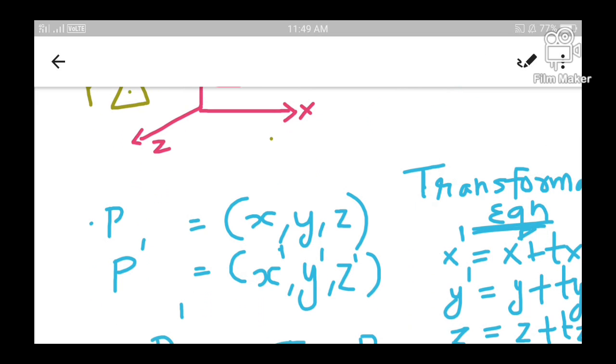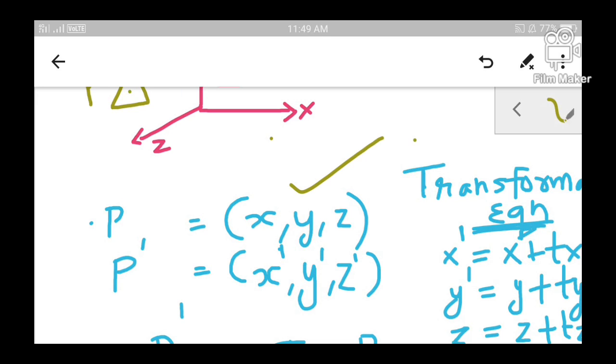See, every point in a three-dimensional space can be represented as x, y and z. Why? Because it is a 3D object, and every 3D object has its own x, y and z parameters, that means its own length, breadth and height. In a two-dimensional space, a single point has two coordinates x and y, x representing the column and y representing the row where the point is lying.